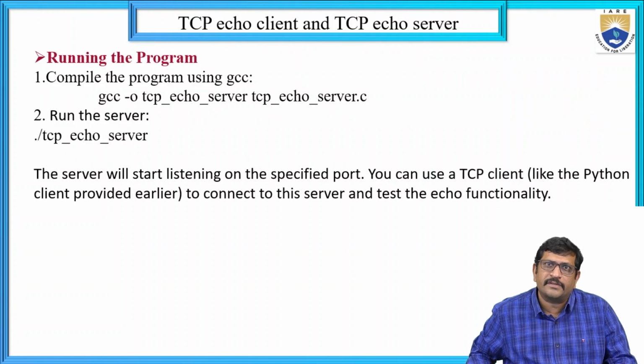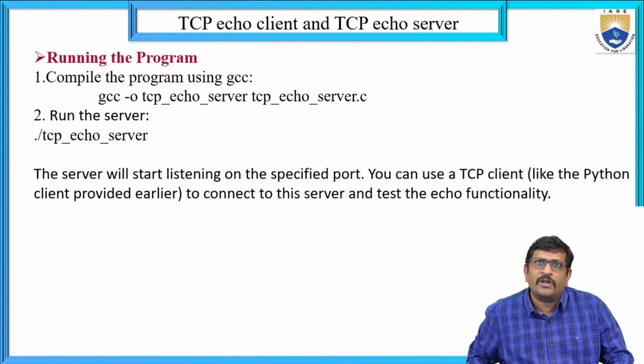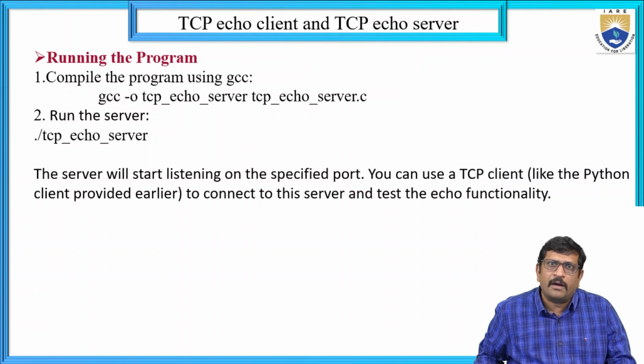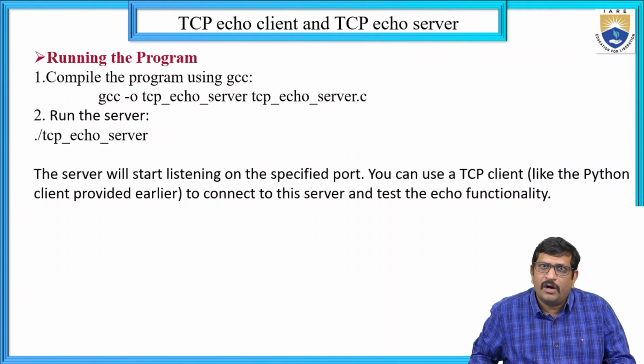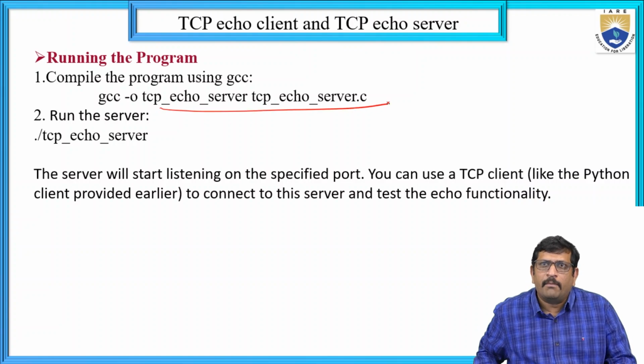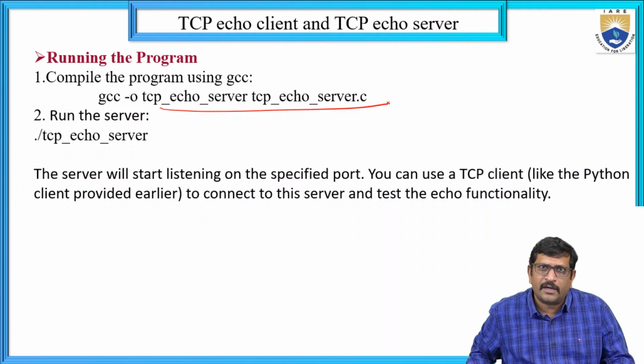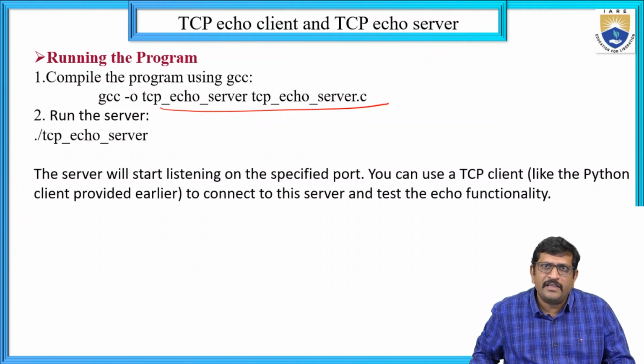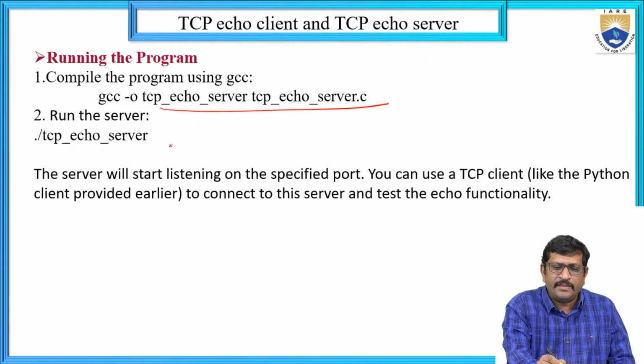To run the program, we use the GCC compiler: gcc -o tcp_echo_server tcp_echo_server.c. By using this compilation, we can compile the program and run the server.